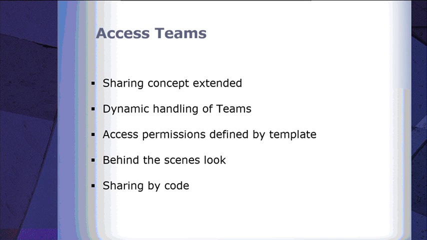Yeah, thanks. So access teams. Now, what are access teams? Access teams is an extension to the existing sharing feature that has existed for a long time now. Earlier, with the concept of sharing, we could share with a single record, or we could share with an entire team. At the time of sharing, we could decide the privileges they get for the records we share with them.